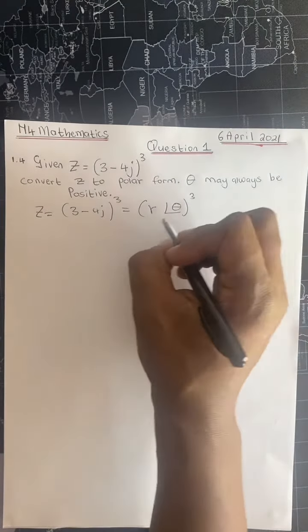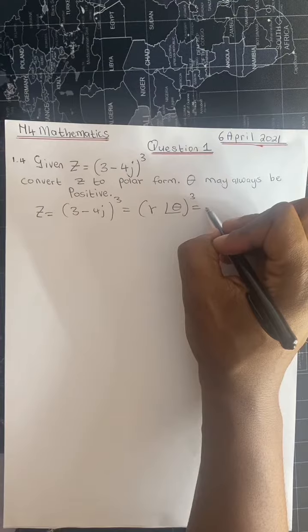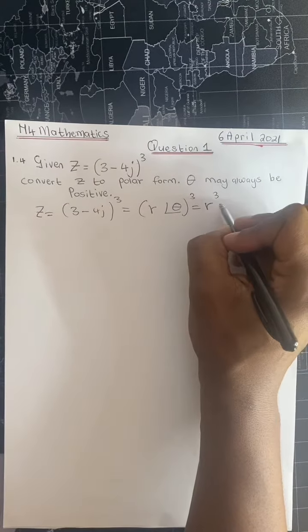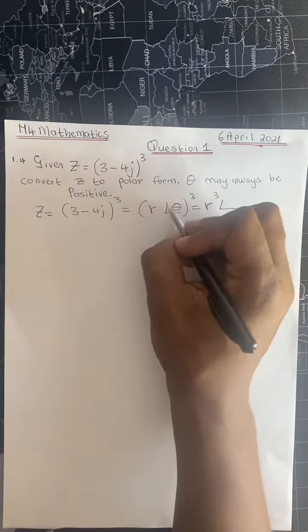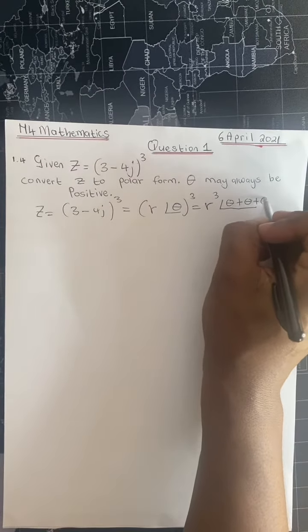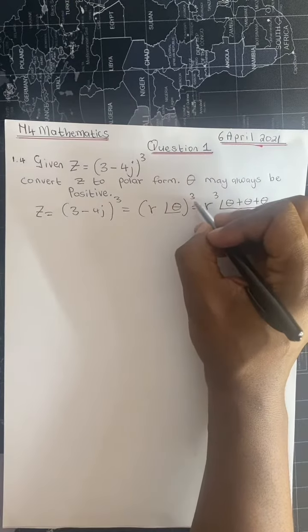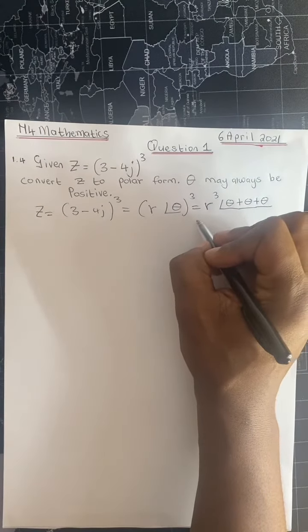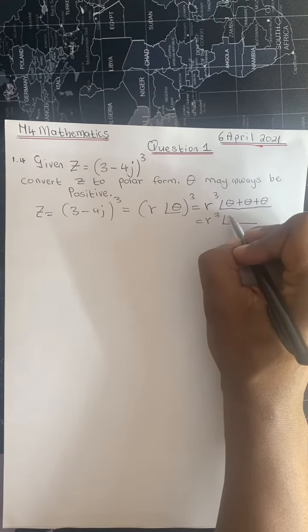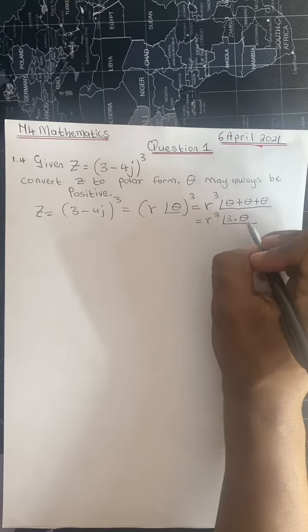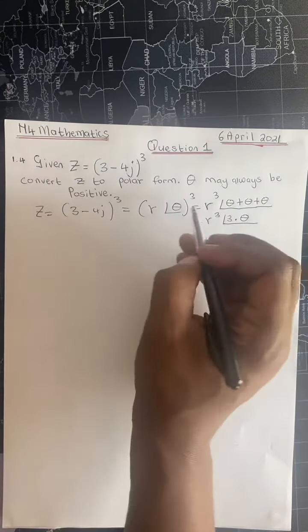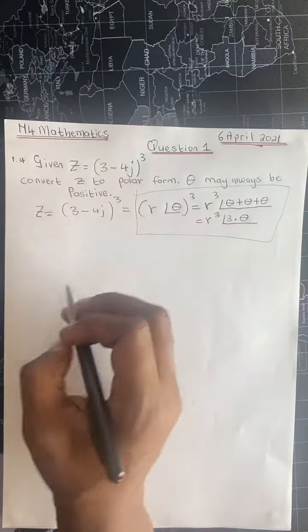We raise the radius to the power 3, and for the angle we multiply the angle by 3. So let's convert this first to polar before we can go there.